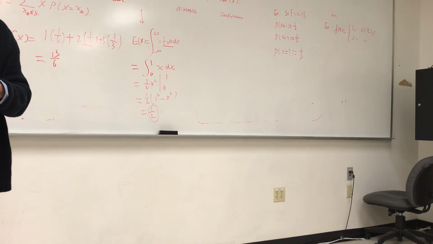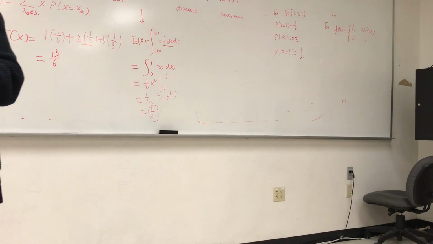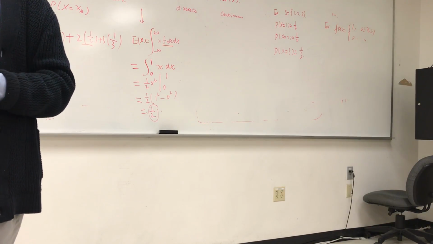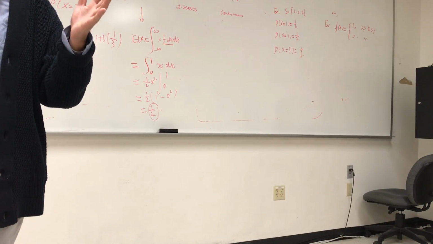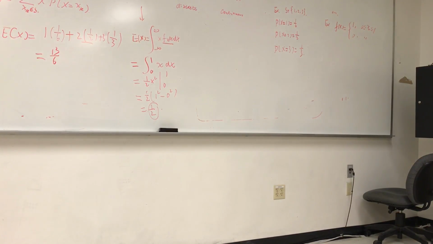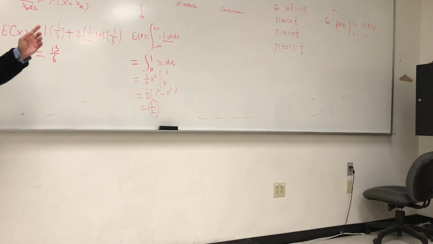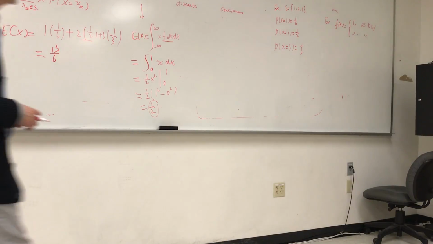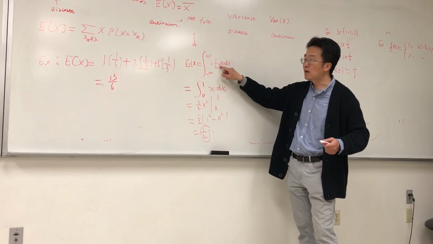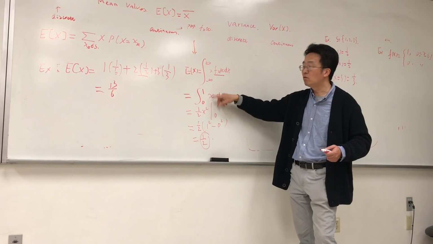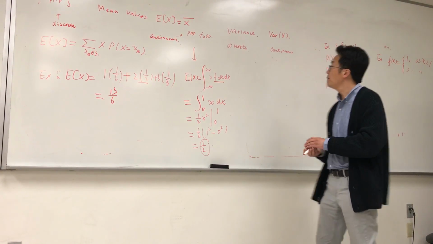That's what I mentioned: the common average operation can be interpreted as a situation where all probabilities are equal. And when they have different probabilities, it just happens to be a weighted average operation. And then the continuous case is just the integral of x times the density function.